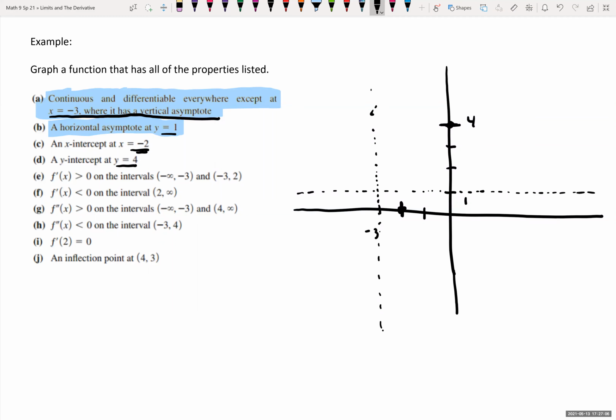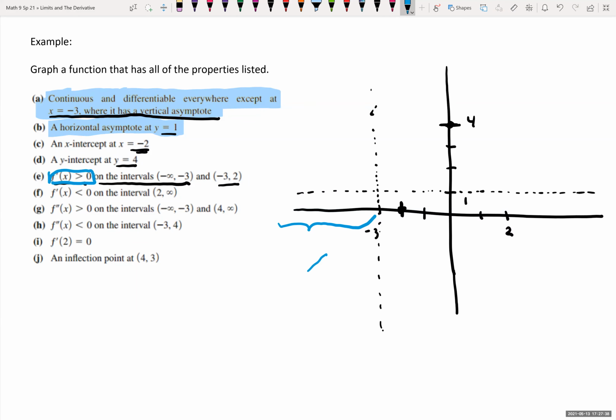We know that the derivative is greater than 0 on the interval from -infinity to -3, and from -3 to 2. Let me put a note here. So we know that our first derivative is greater than 0, which means that it is increasing.